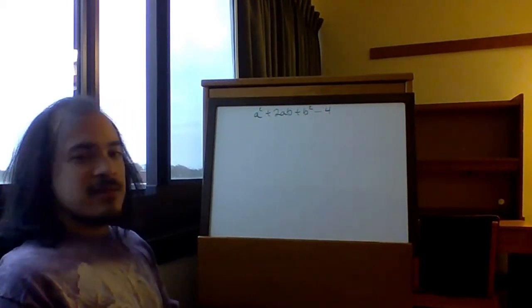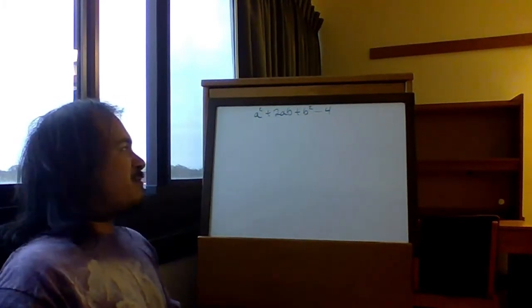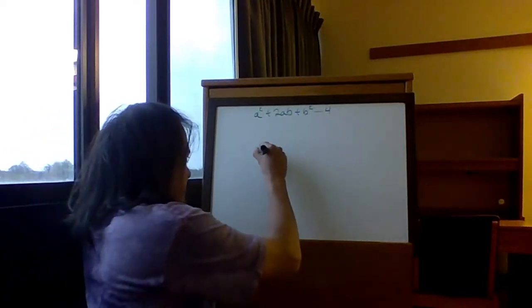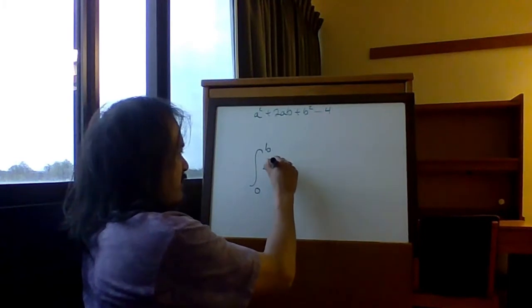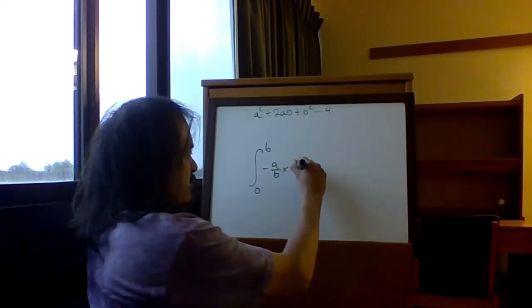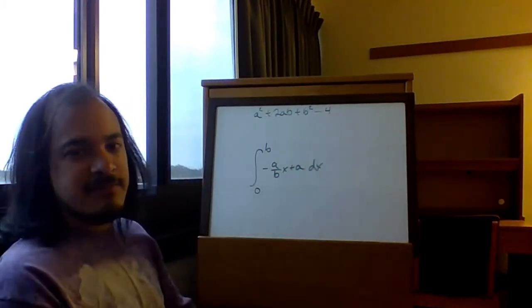Well, when we're finding area on a graph, depending on what class you're in, we can use integrals. So from 0 to b of negative a over b x plus a with respect to x.